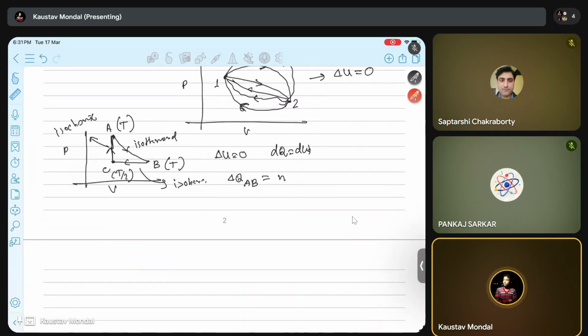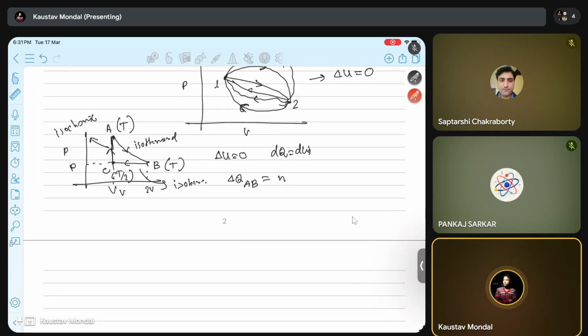So let's consider this volume as 2V and this volume as V, and this pressure as P. Now for Q AB, during this process the work done would be nRT ln (2V by V), so nRT ln 2.